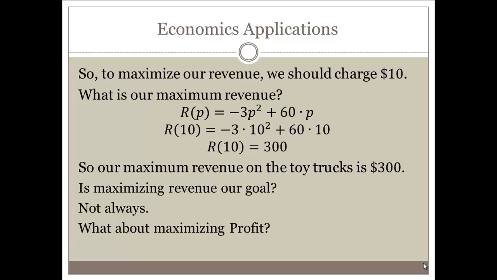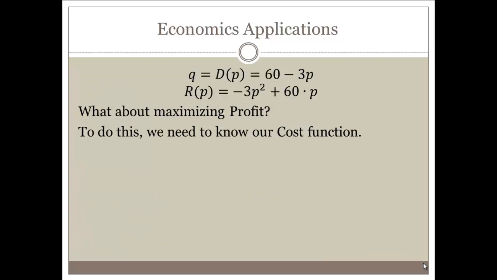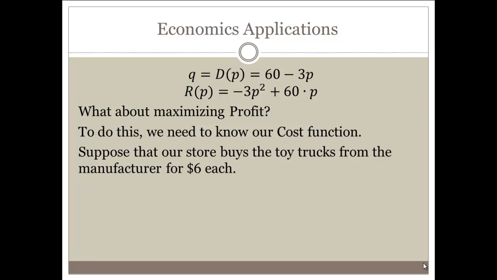To do this, we need to know our profit function. And to know our profit function, we need to know our cost function. To know this, we need more information than we were originally given. So suppose that our store buys the toy trucks from the manufacturer for $6 each. Then our cost function is 6 times Q, which in this case is 6 times 60 minus 3P, which is 360 minus 18P.